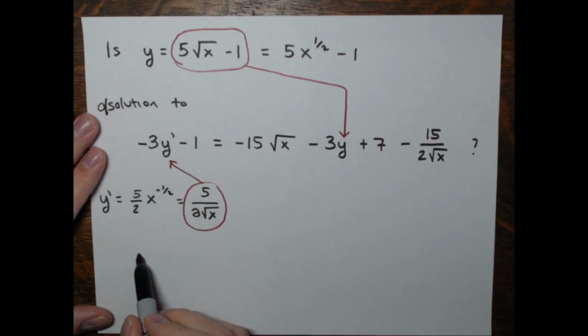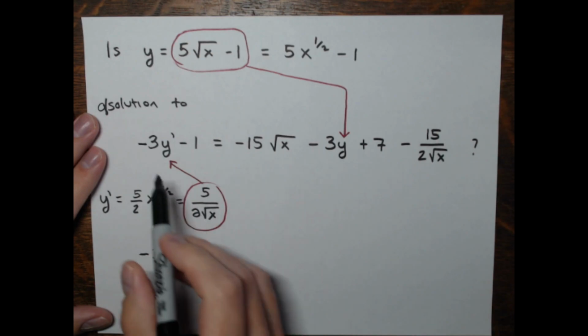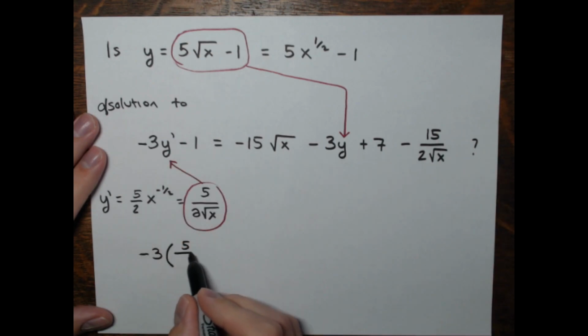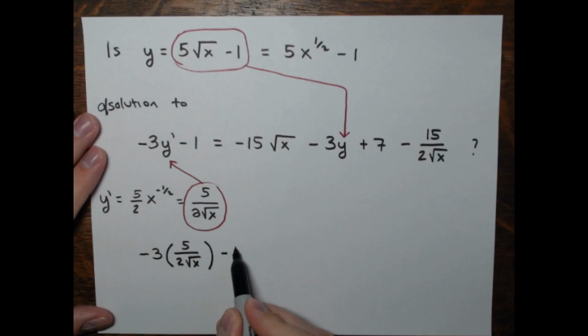So on the left side we have negative 3 times y prime, but y prime in terms of x, I'm going to get everything in terms of x, is this 5 over 2 square root of x. And then we have a minus 1. And I'll do some simplification with that in a second, equals.